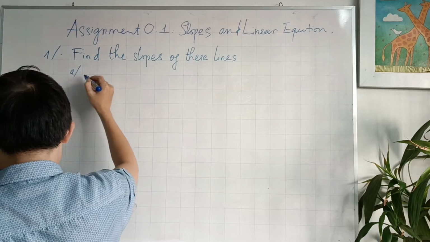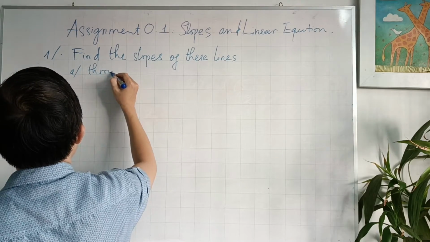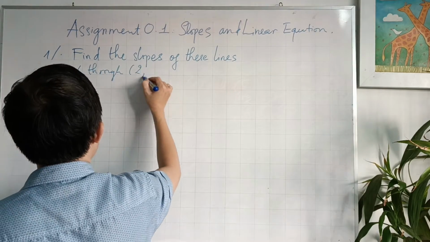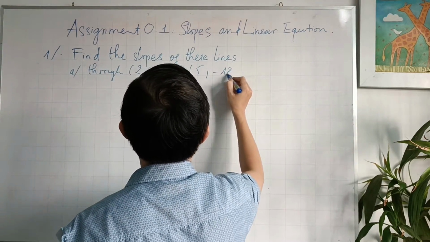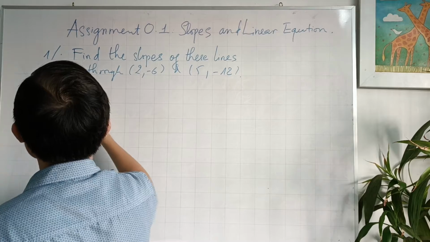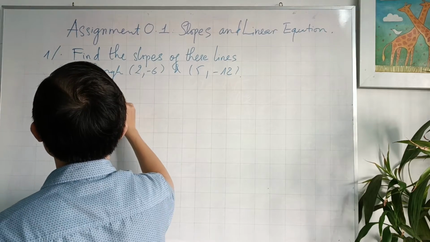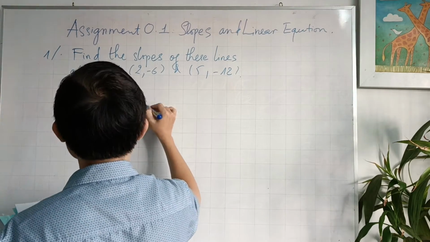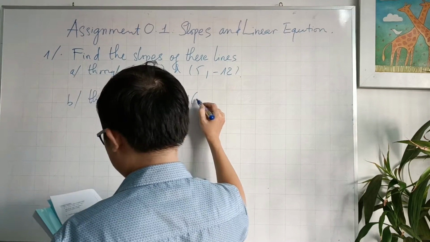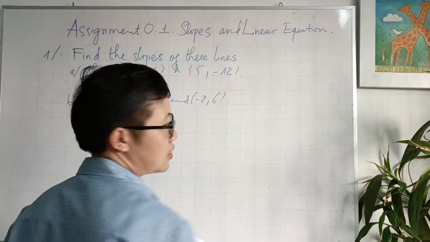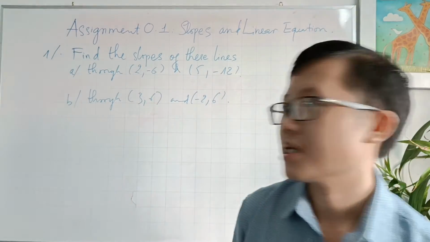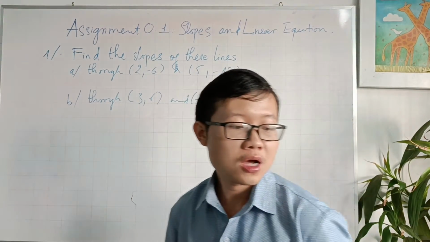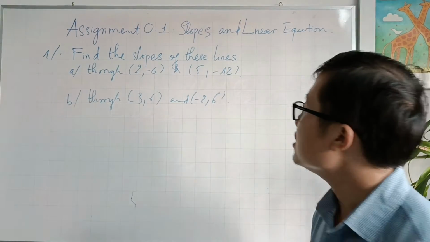The first one is through (2, -6) and (5, -12), and question B through (3, 6) and (-2, 6). Okay, I think this is very easy. You just apply the slope formula.